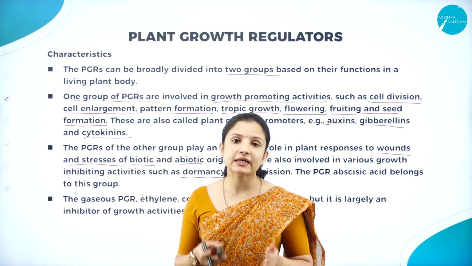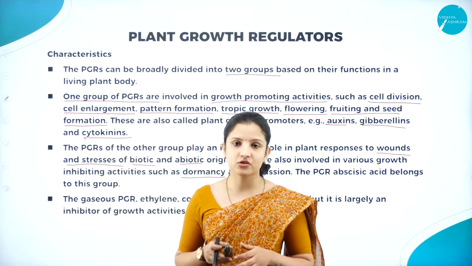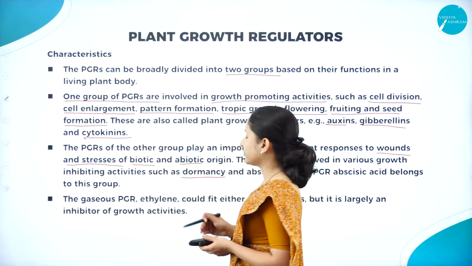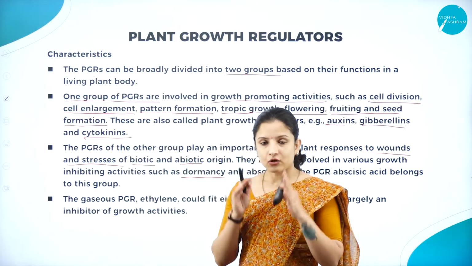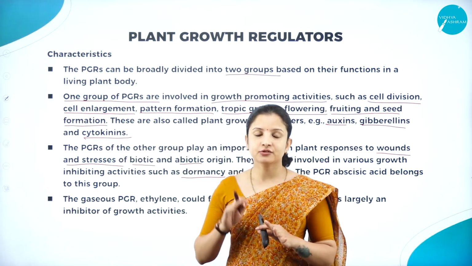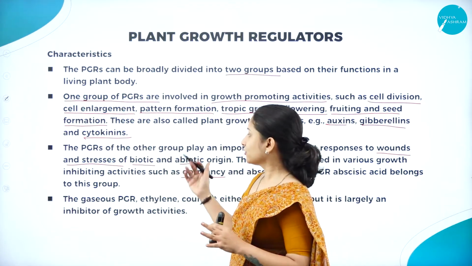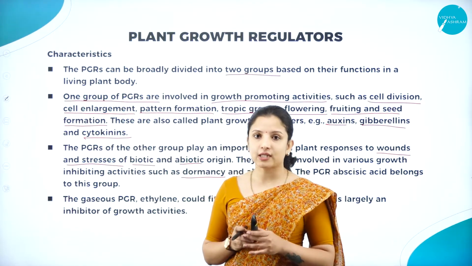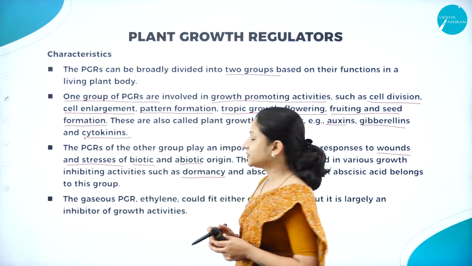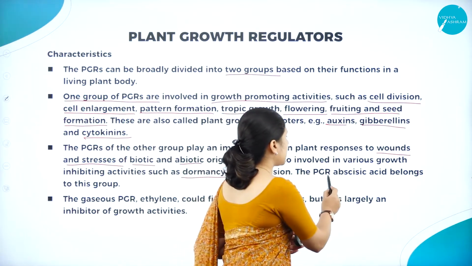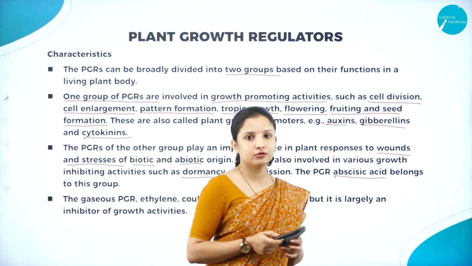They will remain in an inactive or dormant stage. Such seeds are called dormant seeds. In order to break the dormancy in such seeds so that they can germinate, these group 2 plant growth regulators will help. And abscisic acid is one such plant growth regulator that belongs to group 2.